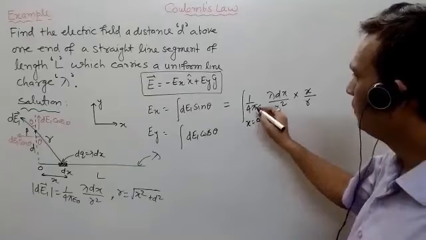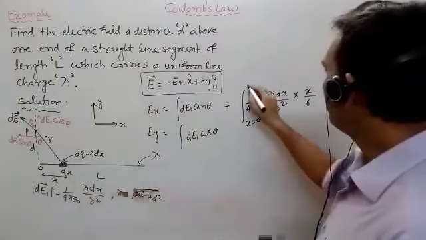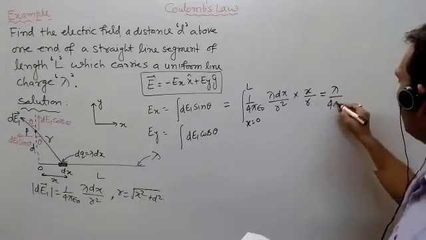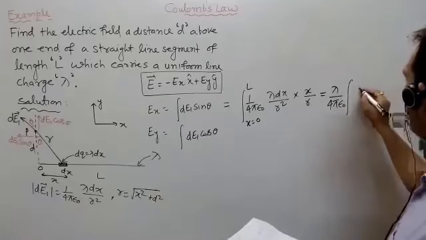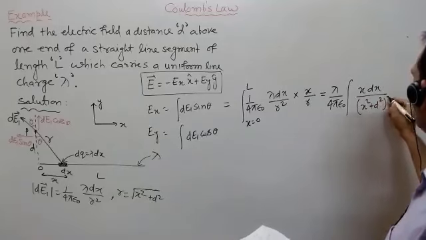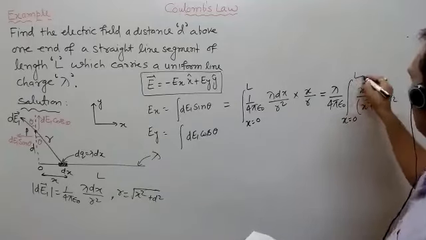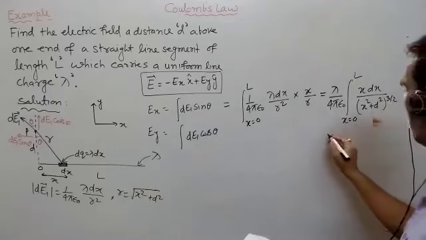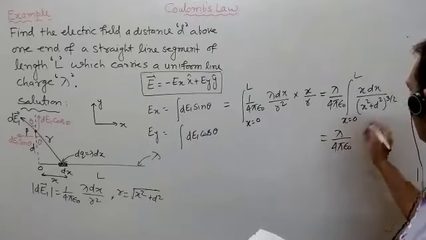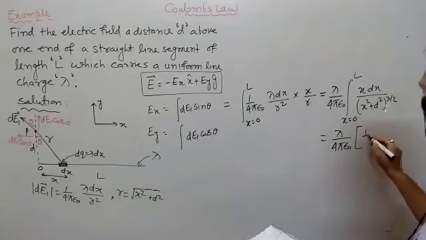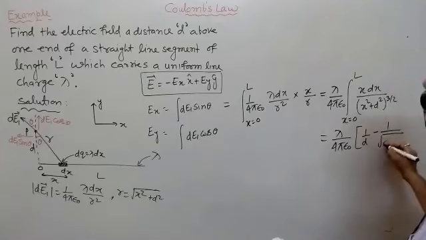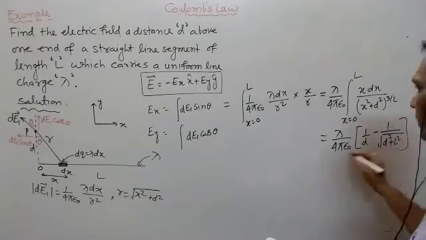X will be 0 to, now in this case the limit will be 0 to capital L. So if you integrate this, you will get lambda by 4 pi epsilon naught integral x dx by x square plus d square power 3 by 2, x from 0 to L. So now you have to integrate this. I am giving you the final result. If you integrate this, the integral value will be 1 by d minus 1 by under root d square plus L square. This will be the Ex value.